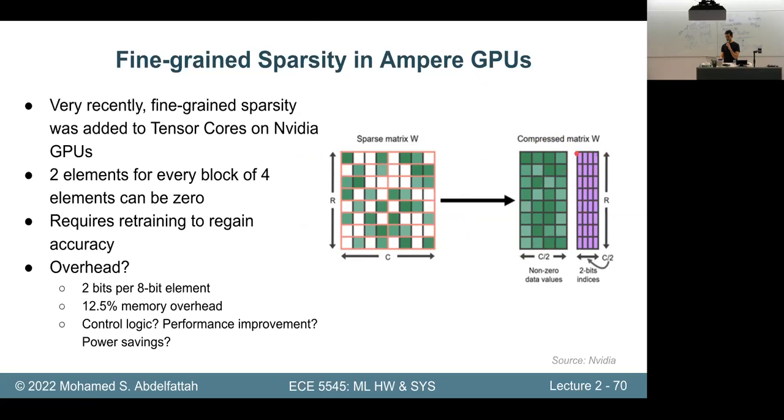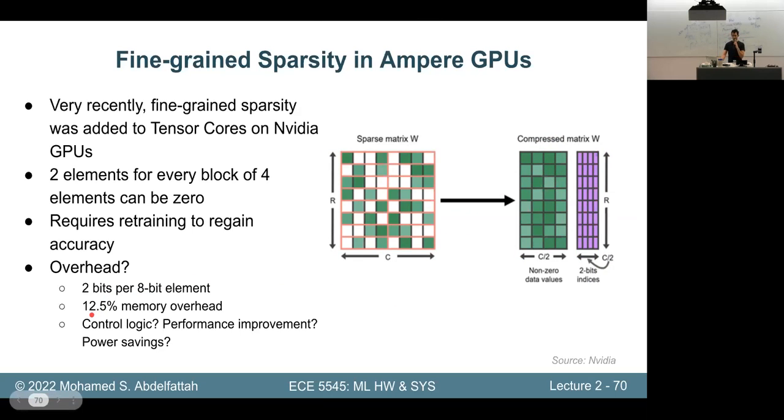But you also need to store this companion matrix, which tells me where the zeros are in this block of 4. So it can tell me that the 0 is in entry 0, 1, 2, or 3. So you need 2 bits to indicate what the indices of those zeros are in my matrix.